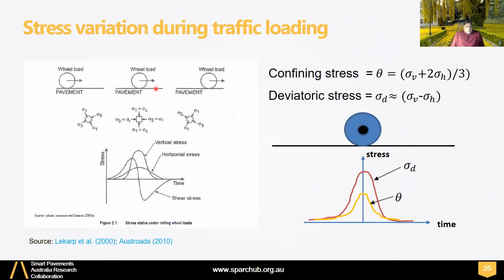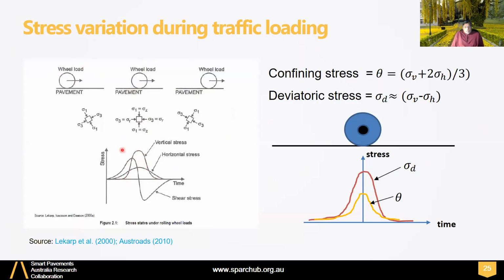Stress variation during traffic loading. So here, if you have a certain position under the traffic, when the wheel is right on top of it, your stresses will be maximum. So this is the vertical stress, it's maximum.